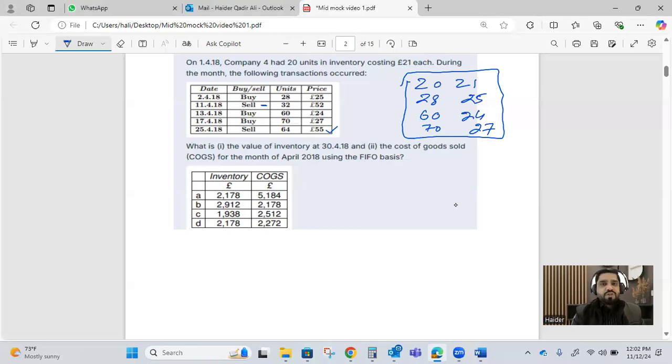In the first issuance, issue number 1, we issued 32 units. Because we are using the FIFO, first in, first out method, 20 units will be taken from the first slot at the rate of 21 each. That is going to give you some value, which you can calculate.